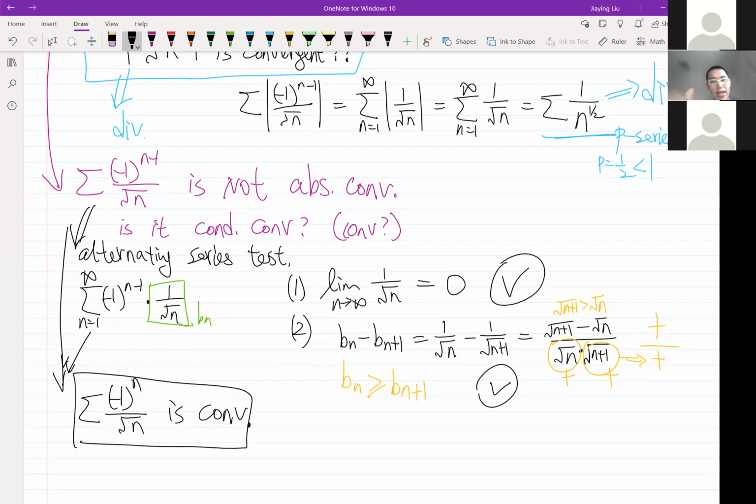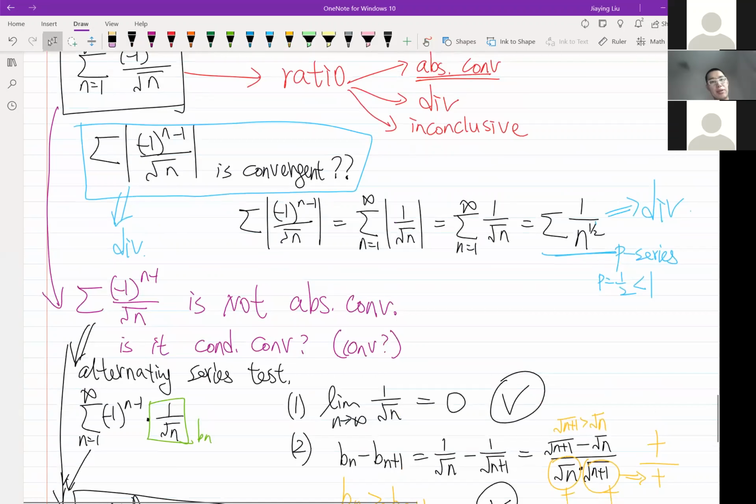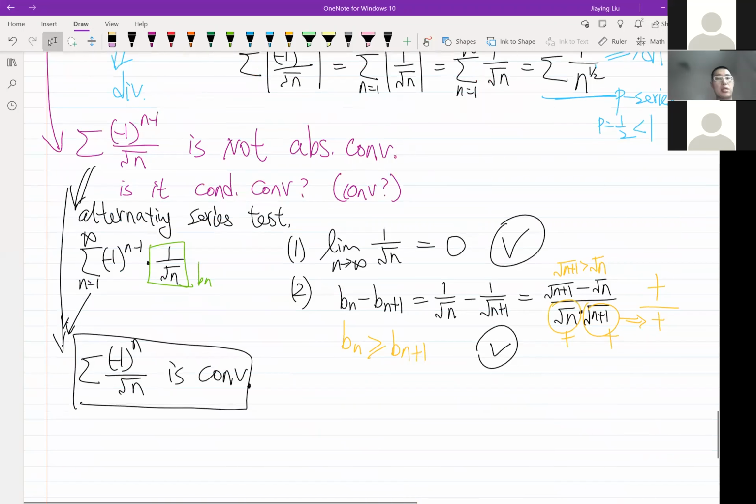But the absolute value of this series is not convergent, right? That's what we did the work earlier. The absolute value of that series is not convergent. But the series itself is convergent. Therefore, it's what we call conditionally convergent.